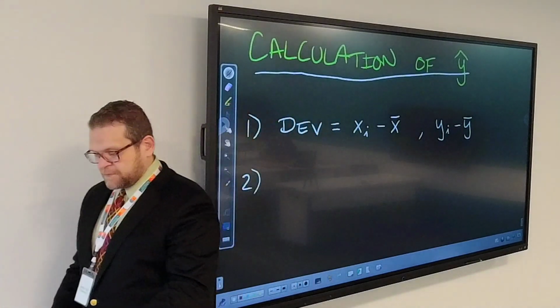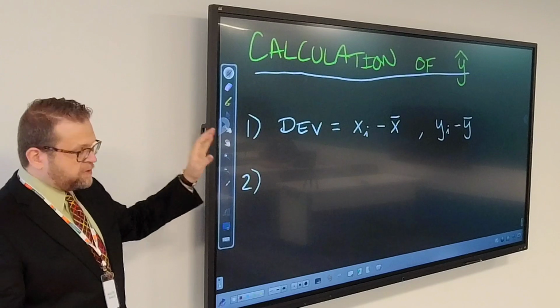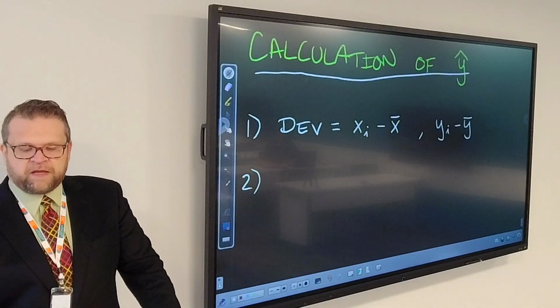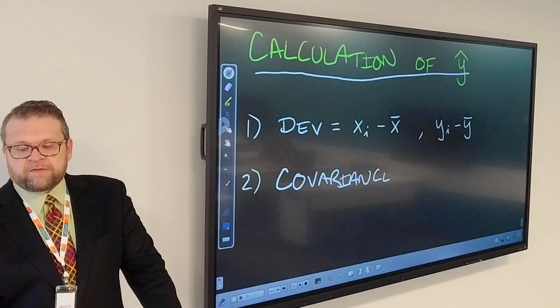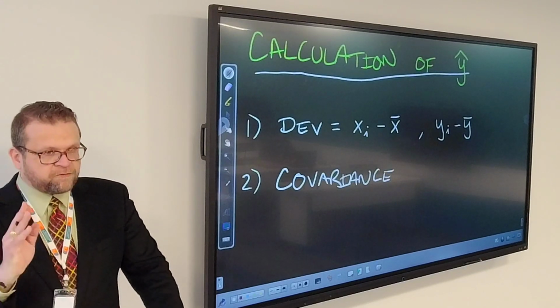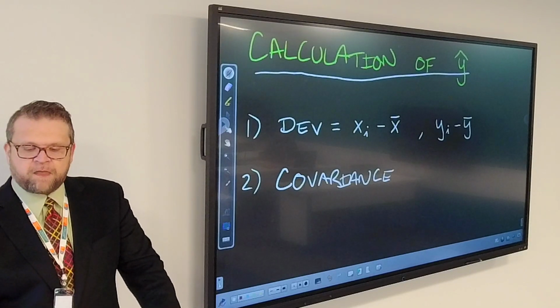Well, we've got two things going on here, x values and y values. We have to do a covariance. The covariance is very similar to the variance.